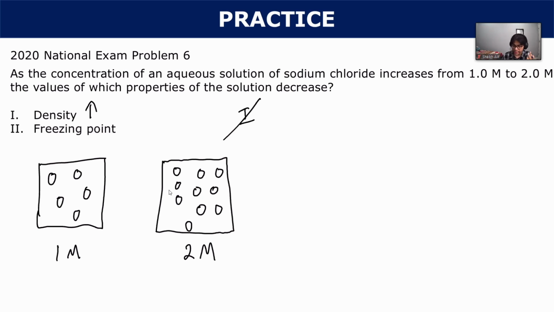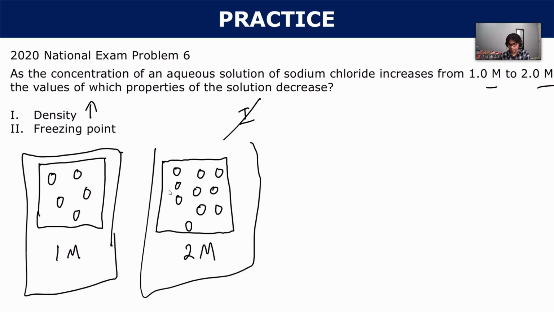So this is basically asking us, is freezing point depression going to be more prevalent in the 2 molar solution? And that's going to be yes, because although we have molar here, we can see that in molality, the molality of this one right here is going to be less than the molality of this one right here. And that means that we're going to have more freezing point depression because the m value has gone up.